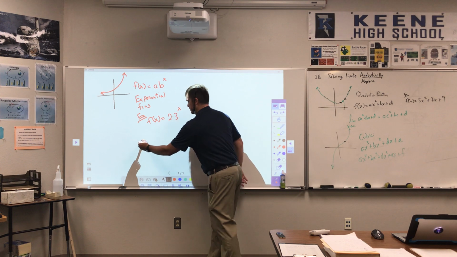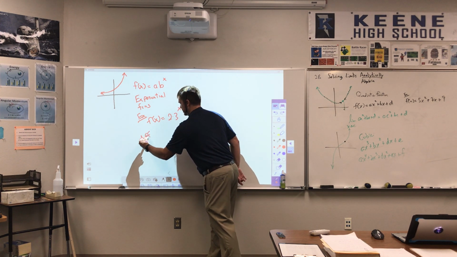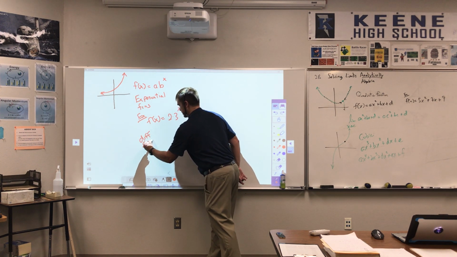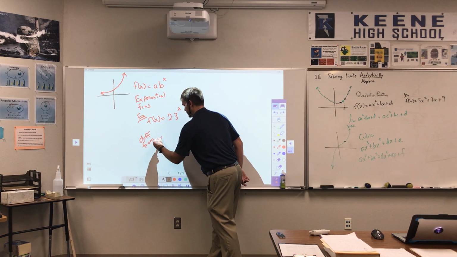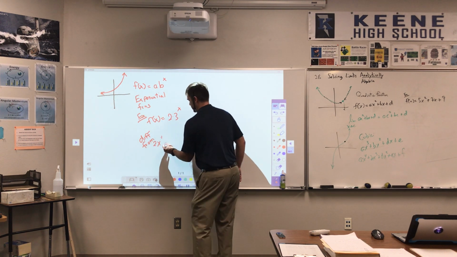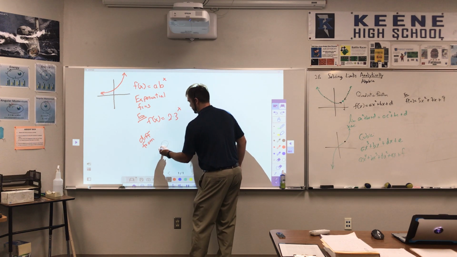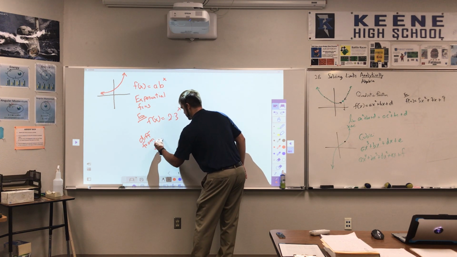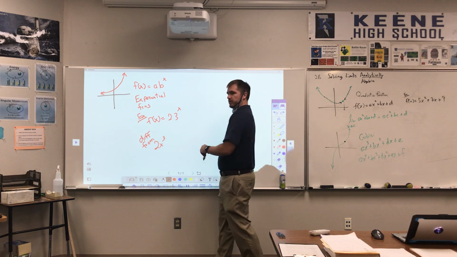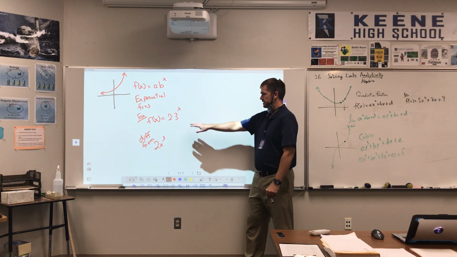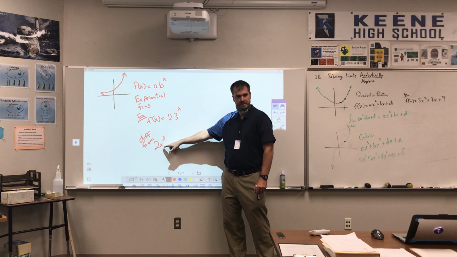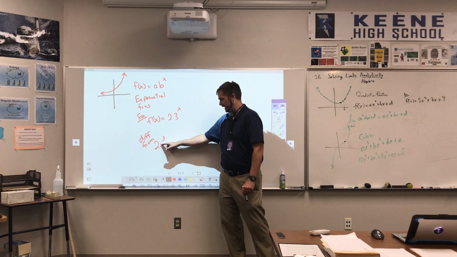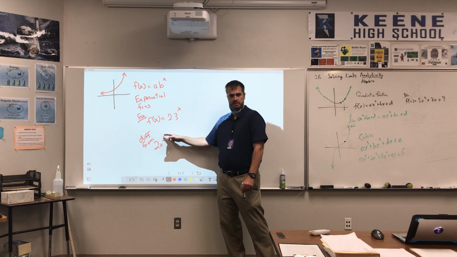Notice that this is different from 2x to the third. Sorry, do you see the difference? This is like what we were seeing a minute ago with the cubic, where x was the base and the numbers were the exponent.